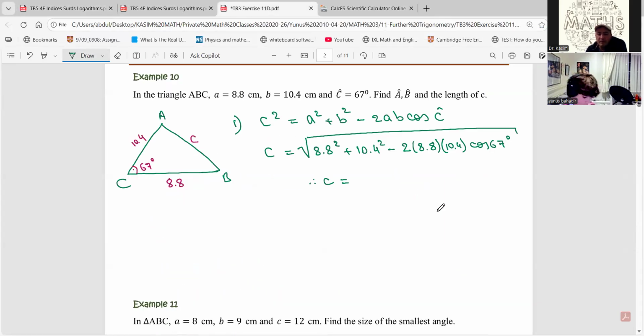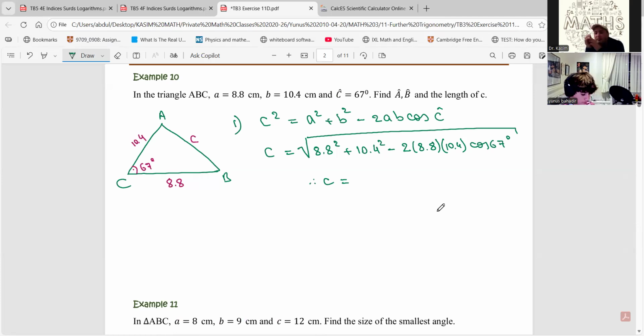So that's the square root of 8.8 squared plus 10.4 squared minus 2 times 8.8 times 10.4 times cosine of 67.